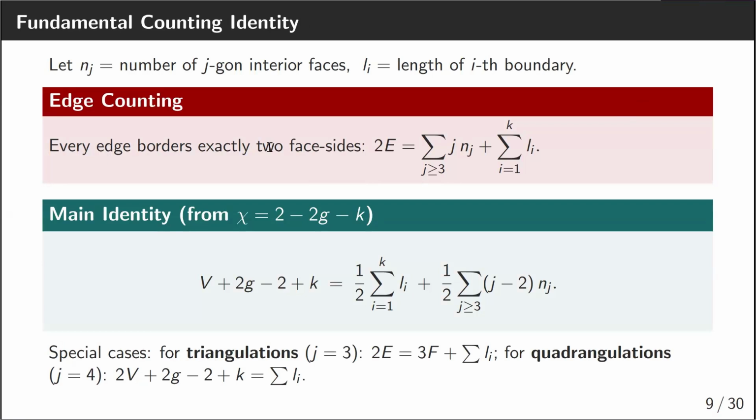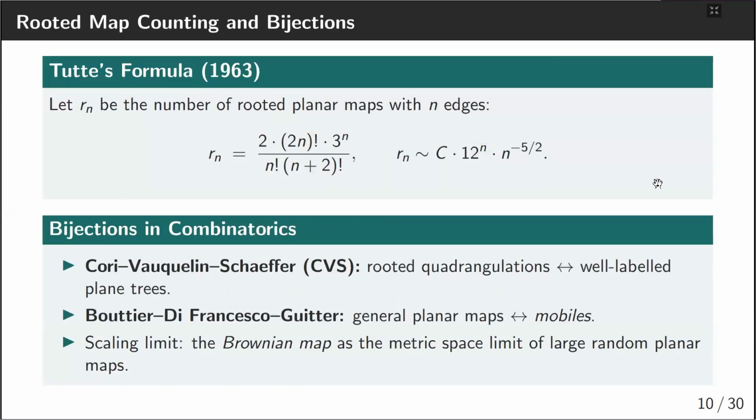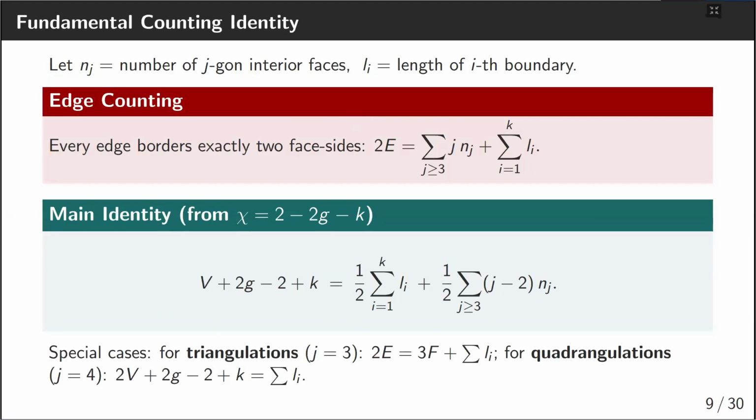Every edge borders exactly two faces, so you count the edge twice, so you have this equation. And the main identity from the chi: we substitute that back in, and we get this, dividing by a half to get the edge.